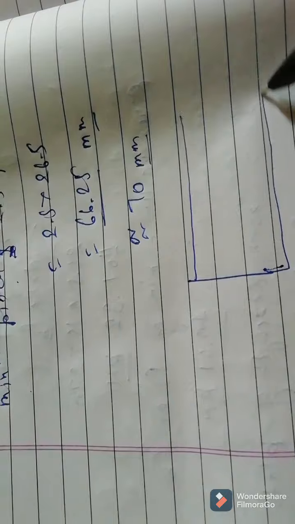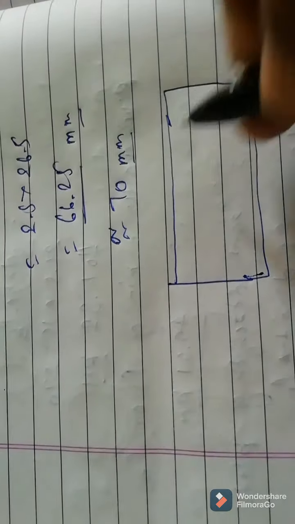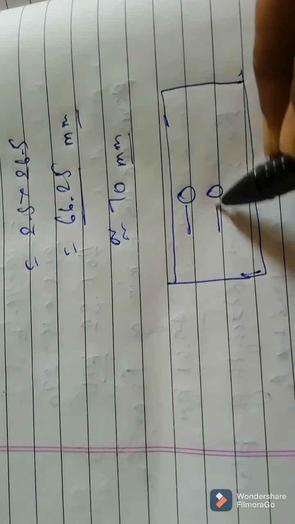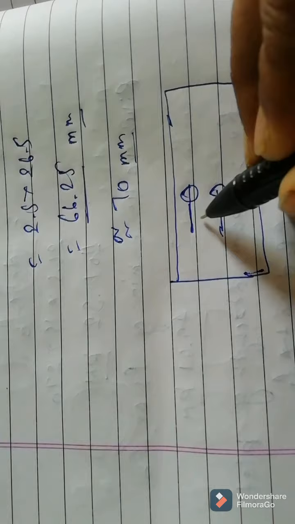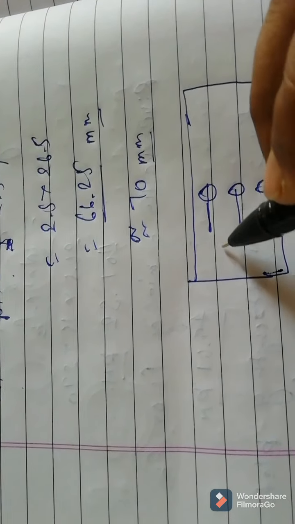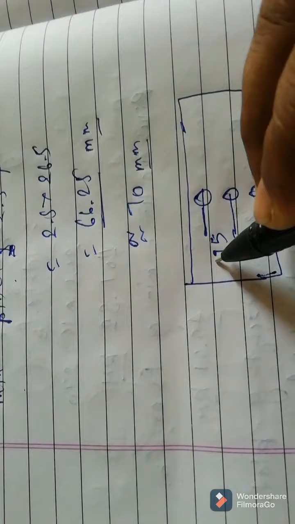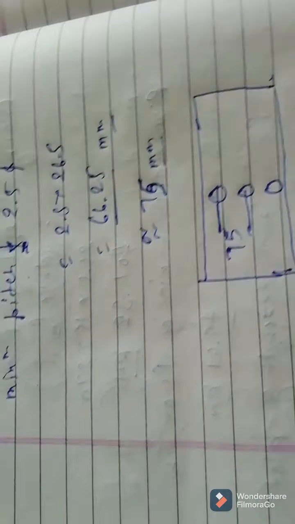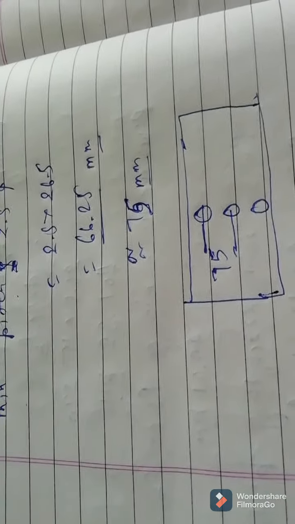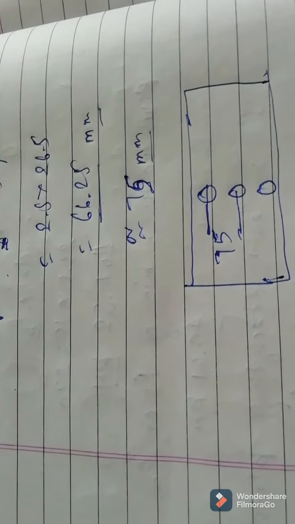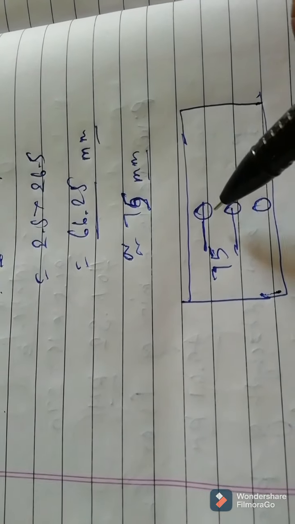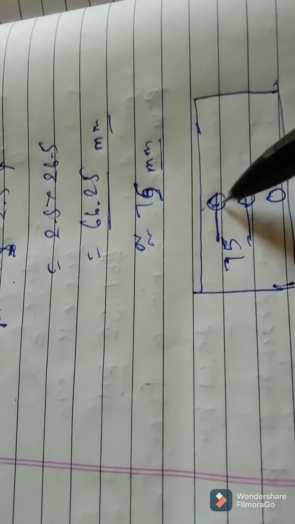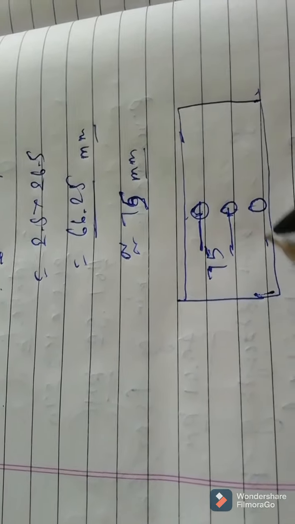So these are the rivets, and the distance between these rivets should not be less than 66.25. So let's make it 75 mm, so that it can satisfy the minimum pitch criteria and the maximum pitch as well. So this is your 75 mm.